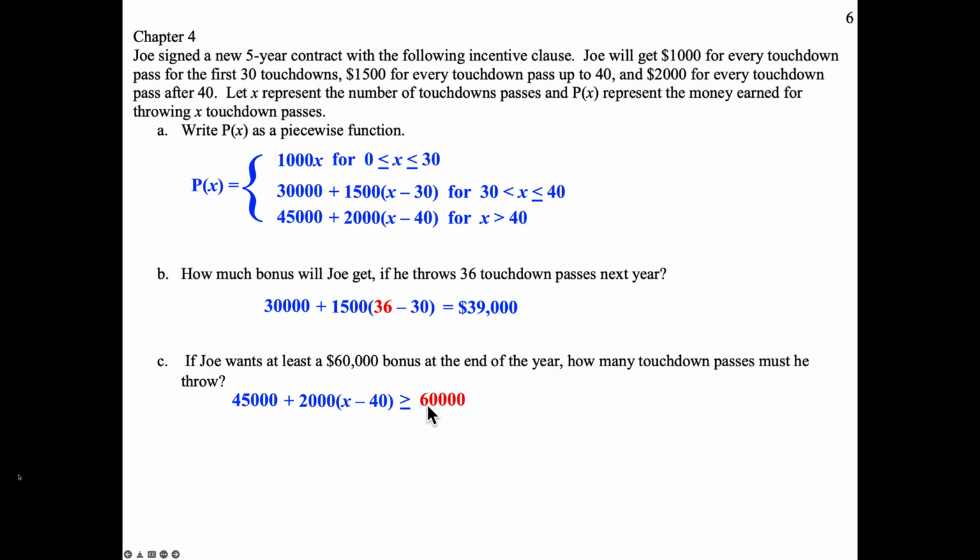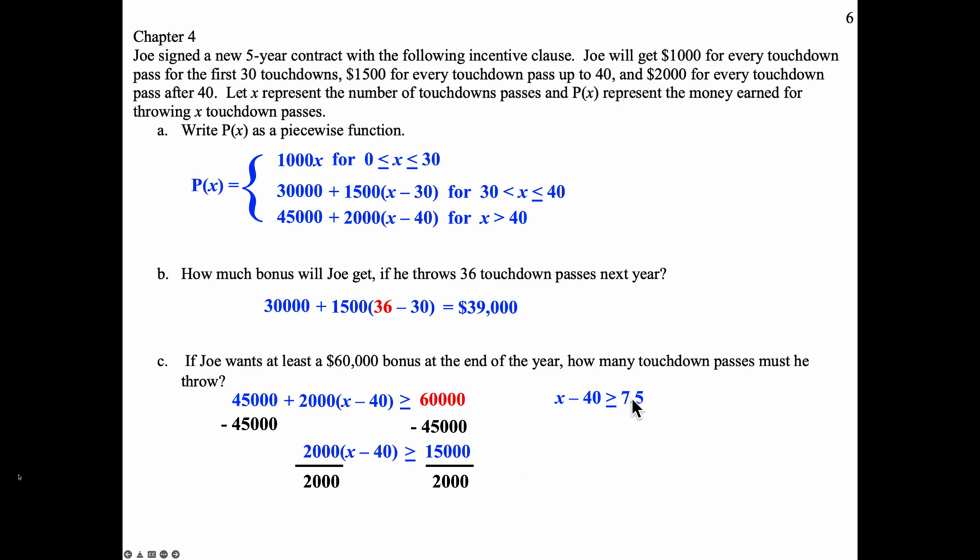And now we solve this for x. Subtract over the 45,000. Now that's gone. 2,000 times x minus 40 is greater than or equal to 60,000 minus 45,000, 15,000. Divide over the 2,000. The zeros cancel. 15 divided by 2. That's going to be weird. That's 7.5.